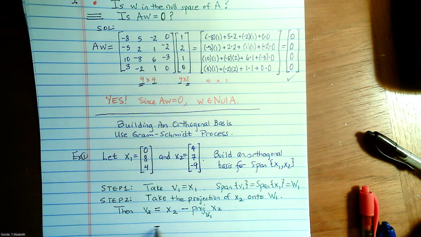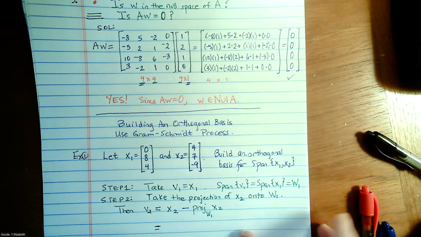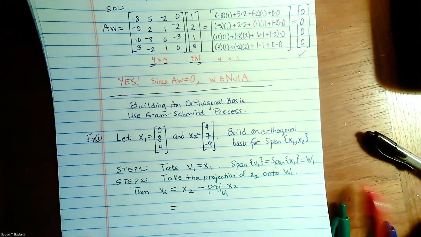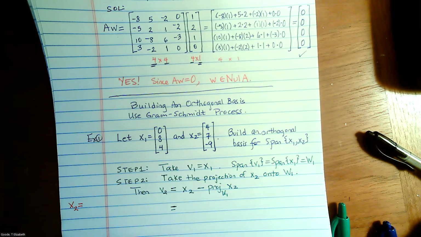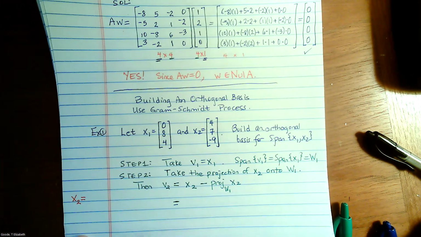Yeah. Because this is the way that we do it, because we know that we can write X2 as the sum of two orthogonal parts.